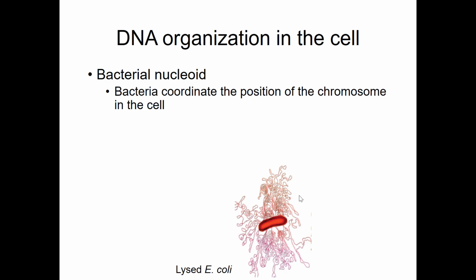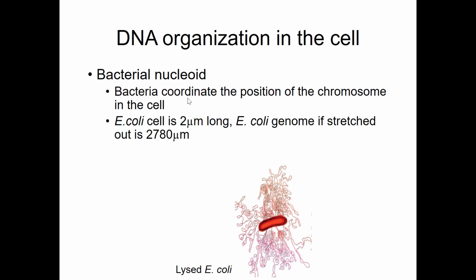Okay, so let's talk a little bit about DNA organization within the cell. So we're going to talk a little bit about the bacterial nucleoid. The nucleoid is a term that we use just to call the bacterial chromosome. And so bacteria actually coordinate the position of the chromosome within the cell.